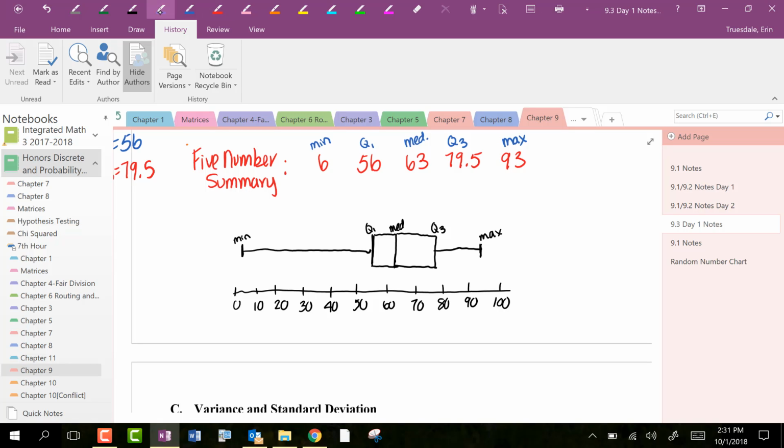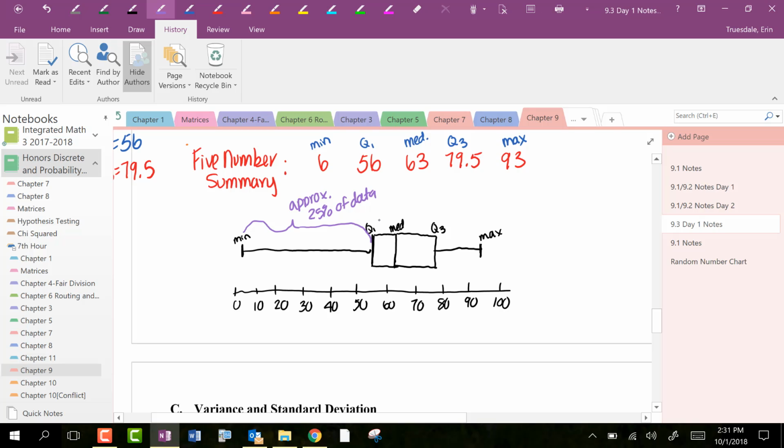When we're looking at this box and whisker, if you had to read something off of it, from the min to Q1 is approximately 25% of the data. It's going to fall in there.